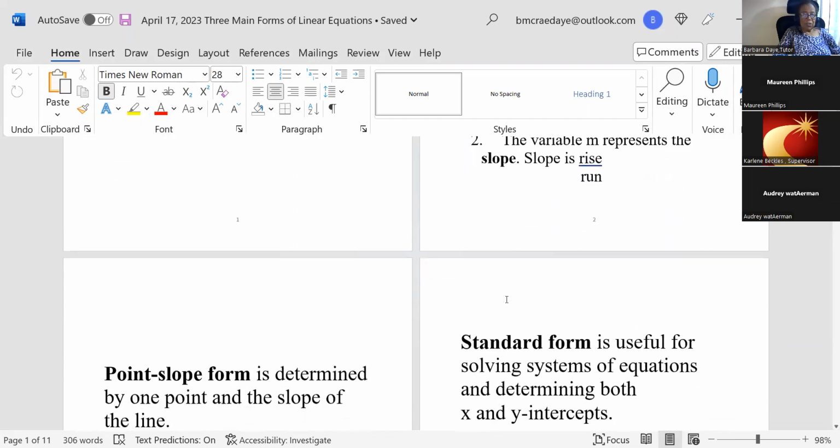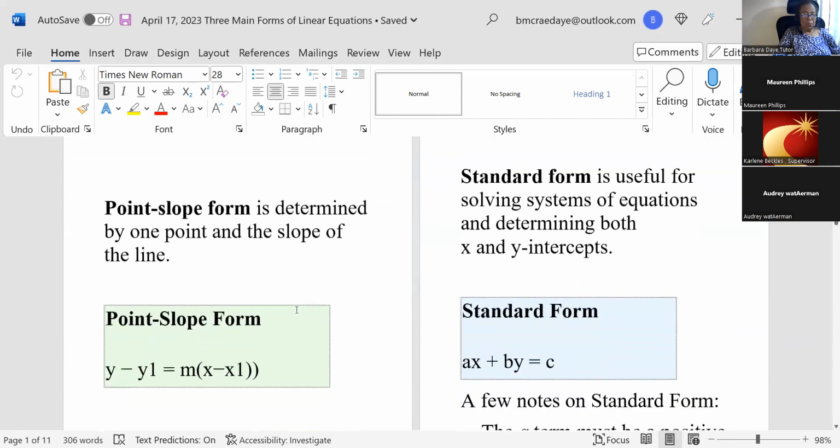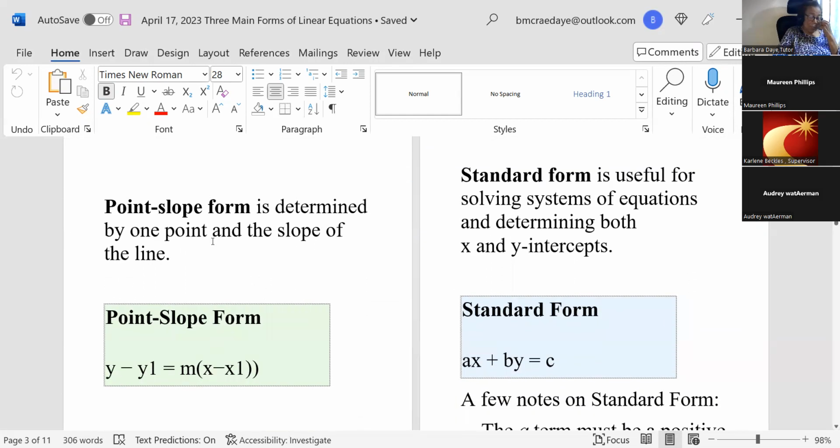Now the point slope. When I showed you that graph before, you had x and y values, more than one set of x, y values. So in point slope, you'd have those two y values, the slope, and the two x values. That's the point slope format.